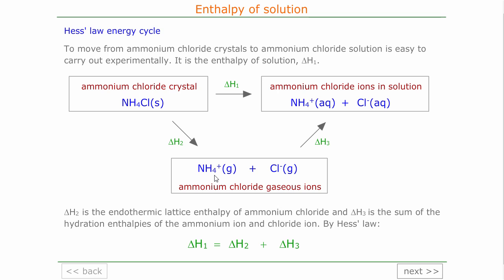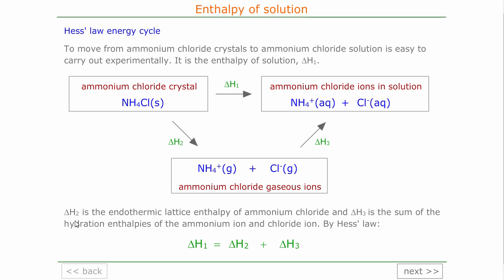Then those gaseous ions need to be solvated into an aqueous solution. In other words, each of these ions needs to be surrounded by water molecules, and we call this the enthalpy of hydration. In this case it's the enthalpy of hydration of ammonium ions and the enthalpy of hydration of chloride ions.